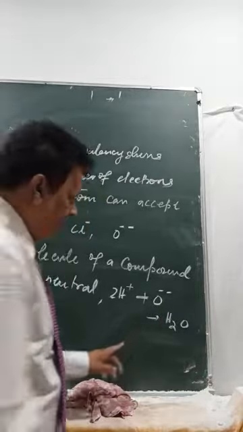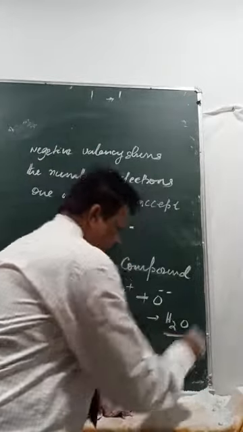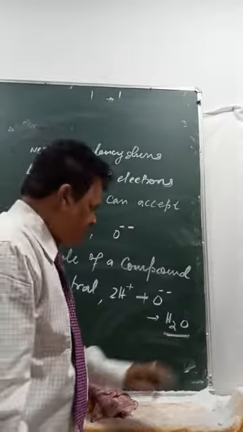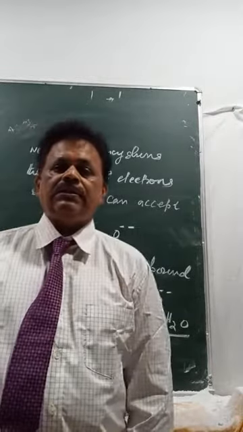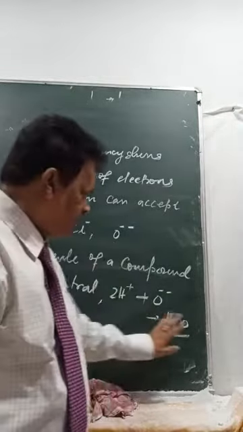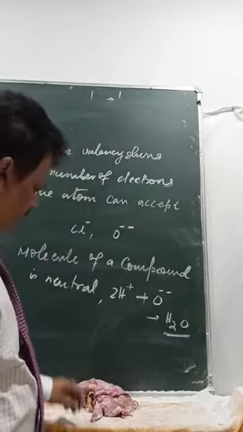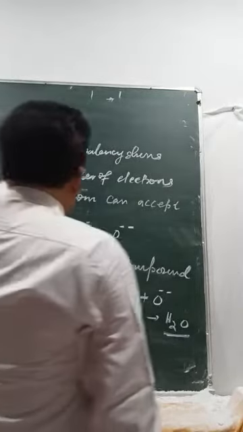So we'll today study how to write this, how to write H2O, how to write NaCl. So what is the procedure for that? For that you have to remember certain things which are necessary for us.